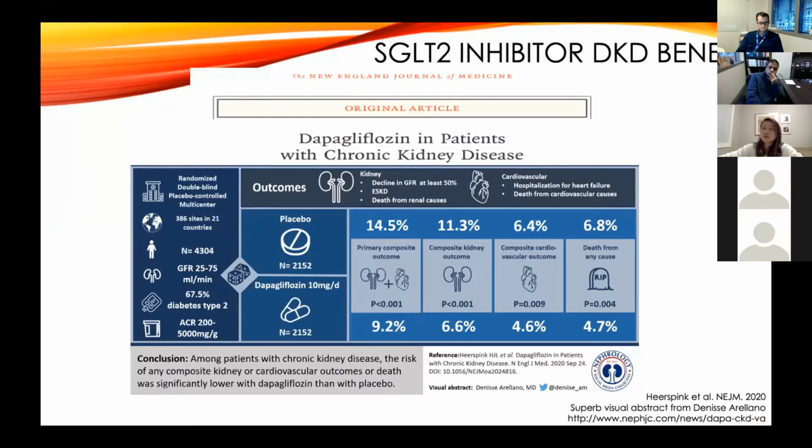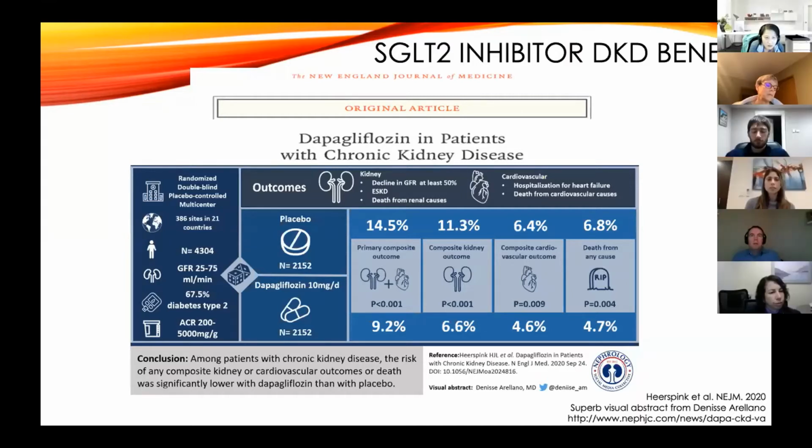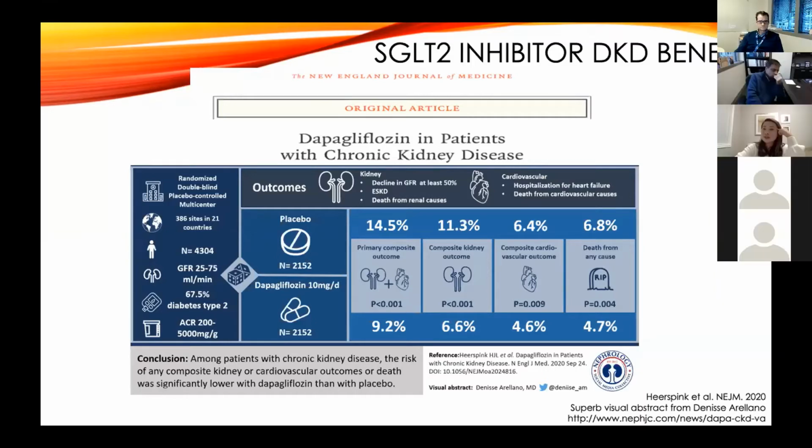Now, just to briefly mention the recently published dapagliflozin trial, DAPA-CKD, that was published just 2 months ago. The difference of DAPA-CKD from CREDENCE is that it included CKD patients without diabetes. About 32.5% of the patients did not have diabetes.